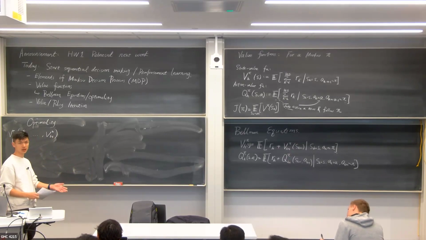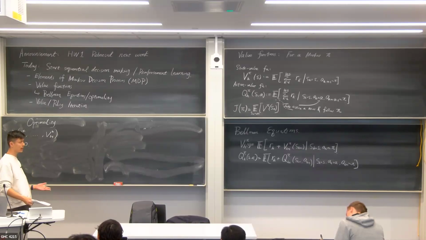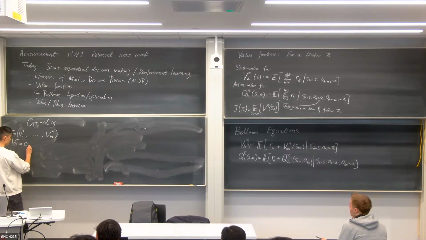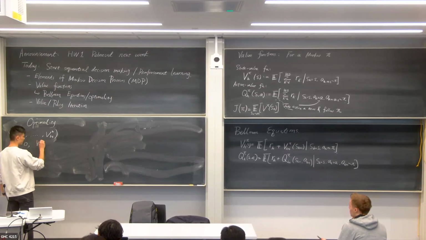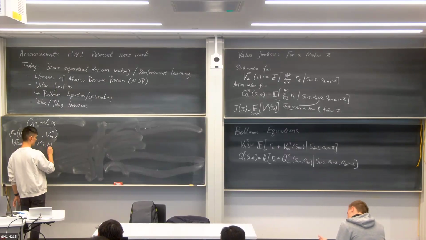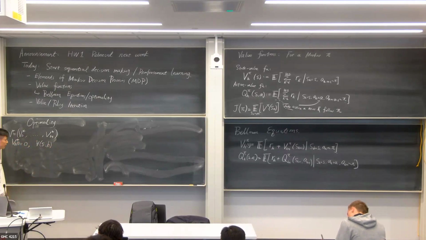At the end, there's nothing else to do. You have no more cumulative reward to gain. But then you can do some sort of backward induction. This idea is called backward induction, which means for any state at the end, the value is 0, and in the previous steps you can work backward.